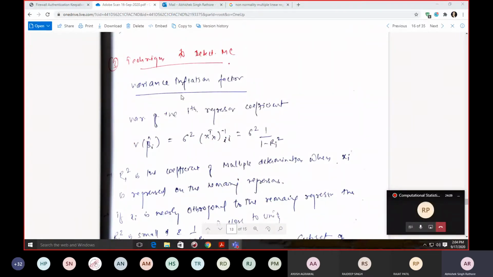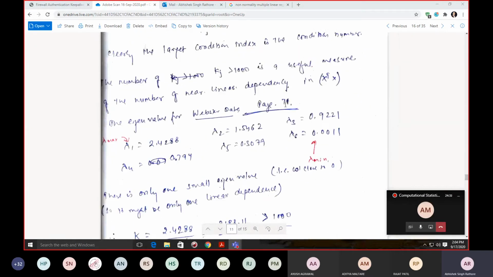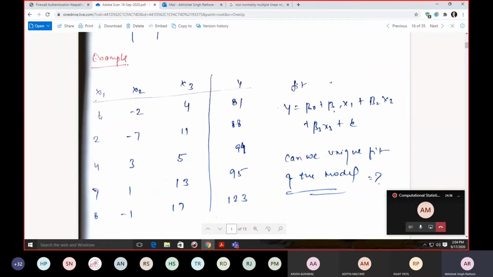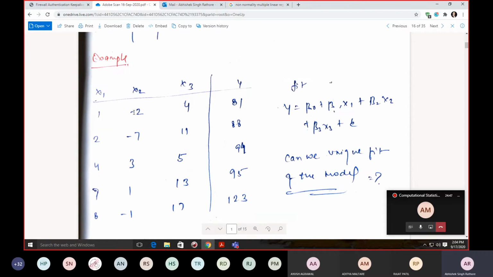Sir, if we have to prove multicollinearity, then we just have to prove linear dependence, that one attribute is depending on one or multiple attributes. So we can say that we are having some multicollinearity. Let's say again, I am just taking my example in my first slide. Let's say this is my example. So this x1 is just equals to your x2 plus x3 by 2. So we can say that this x1 is dependent on this x2 and x3.